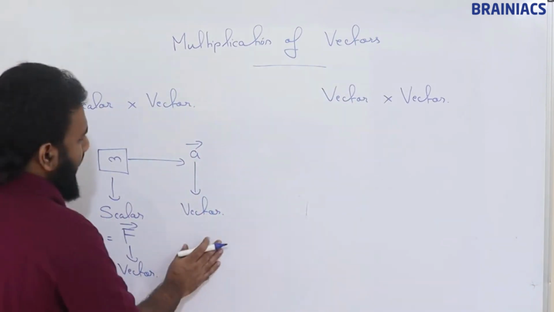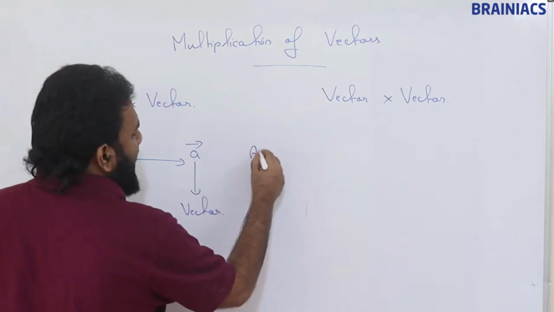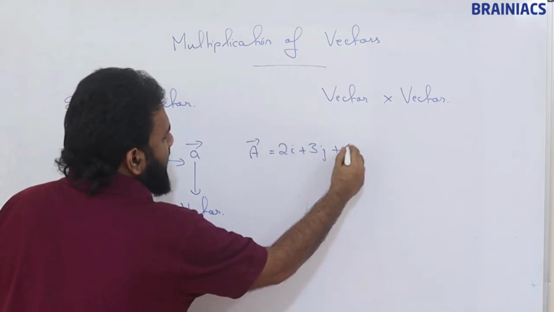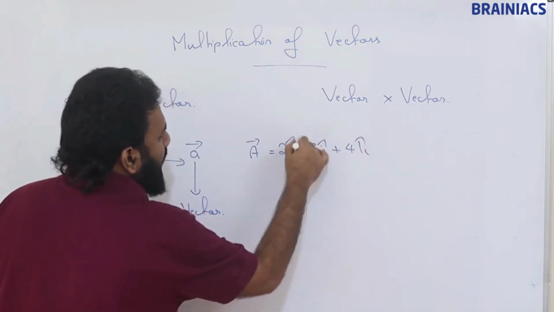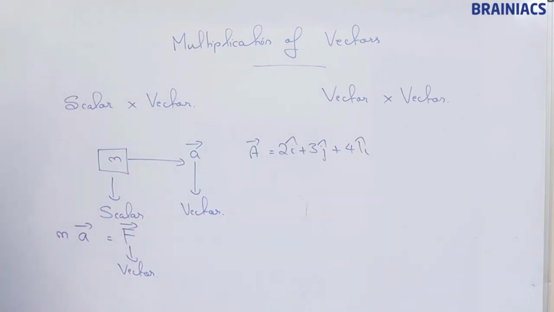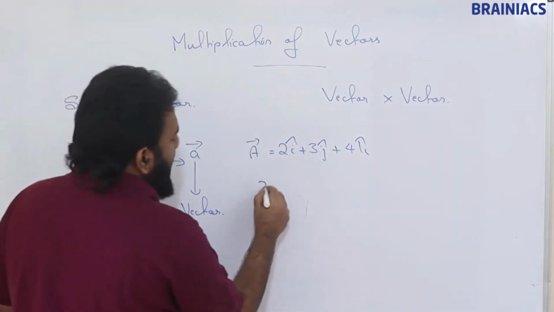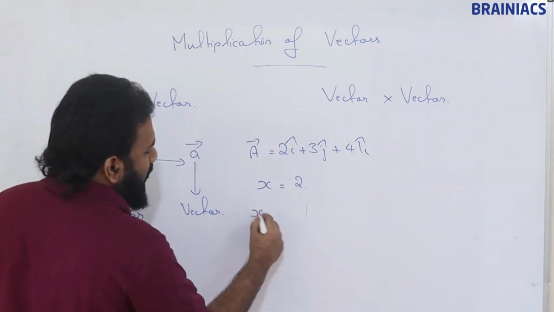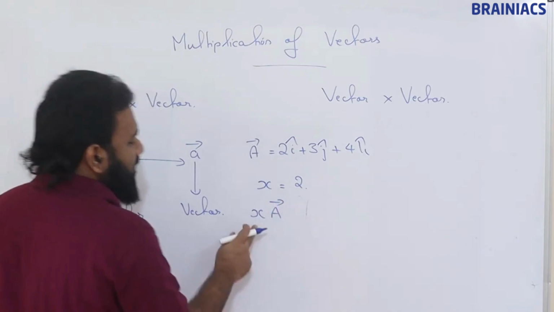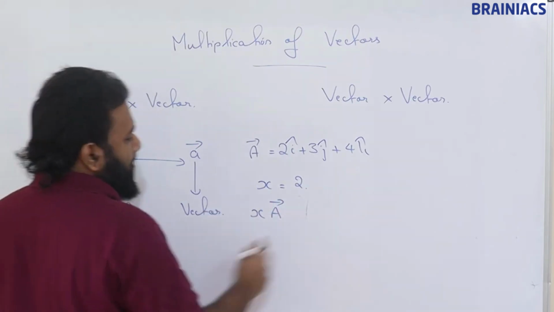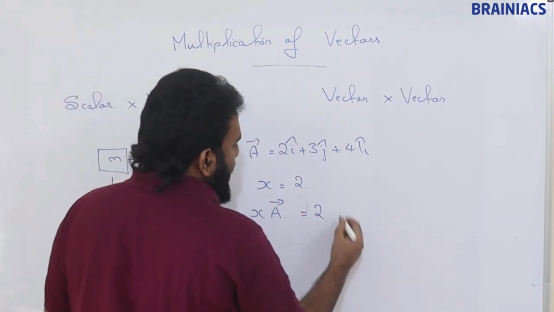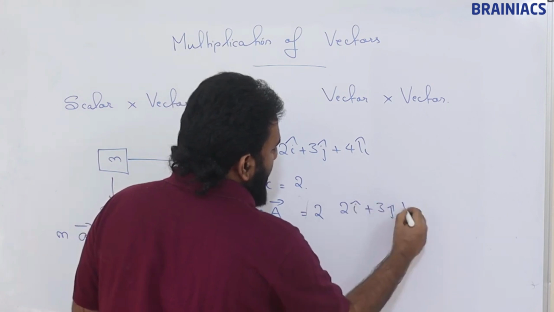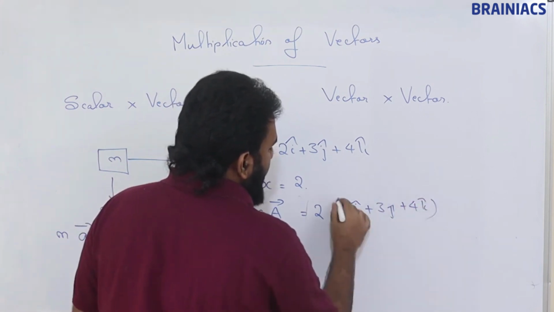Say for example, if vector A is equal to 2i plus 3j plus 4k, this is vector A. Now suppose a number x is nothing but 2. Suppose I need to multiply the scalar x with the vector A. So this is going to be 2 into 2i plus 3j plus 4k.